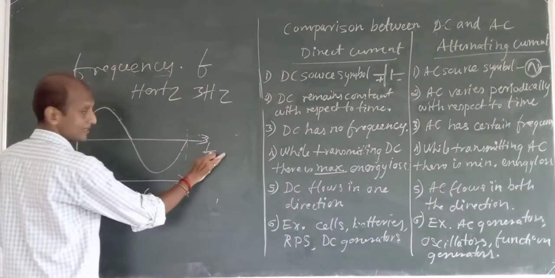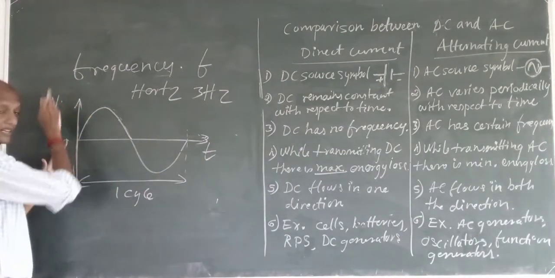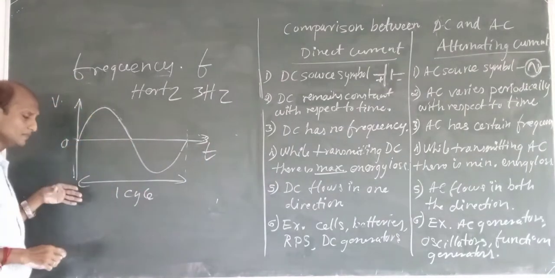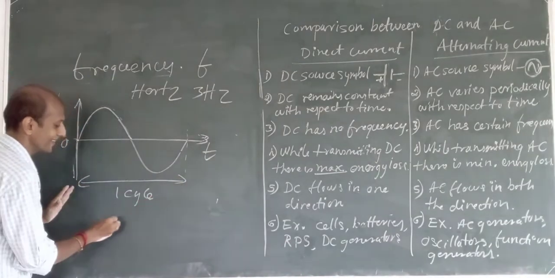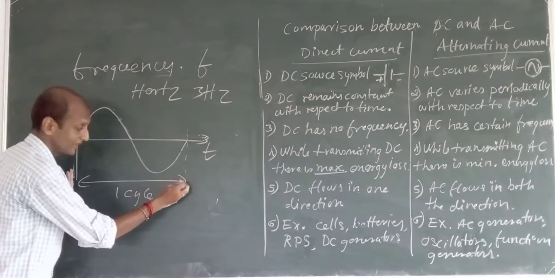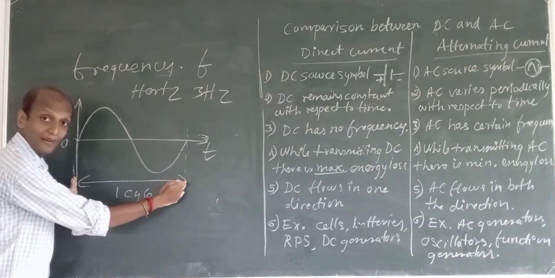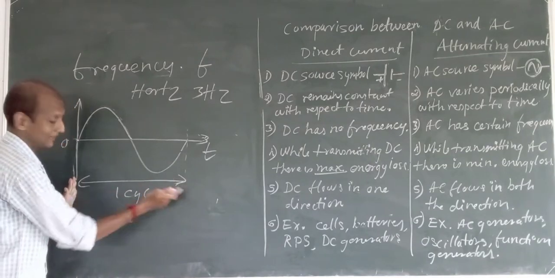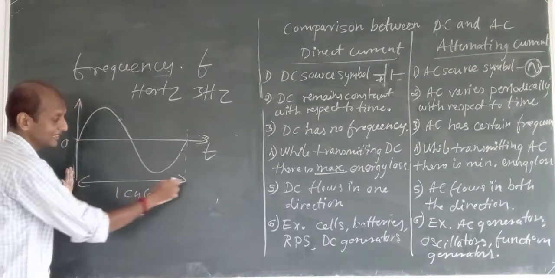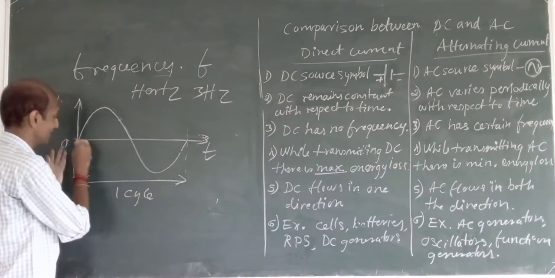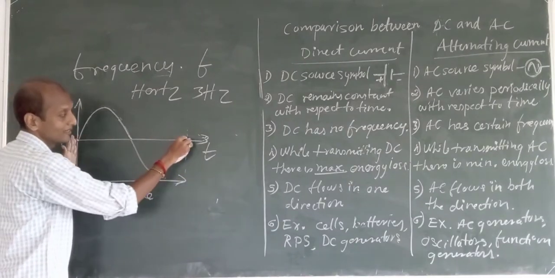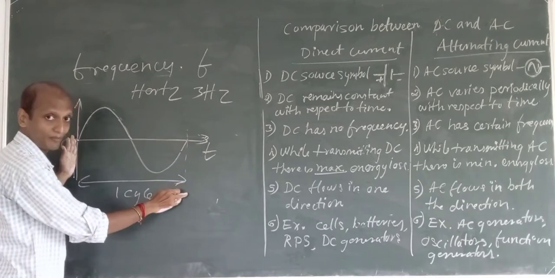This direction is time, and this direction will have the magnitude, isn't it? Now the time taken for one cycle. The first cycle started here and it has ended here at this time. It started at the 0th time and it has ended at this particular time, isn't it?